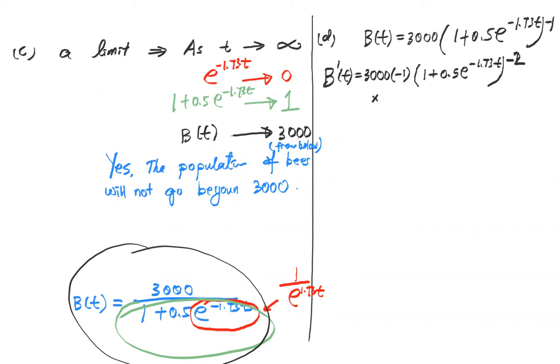Differentiate whatever is inside the bracket. Exponential term, you copy down the whole thing. Times by, you differentiate the power.